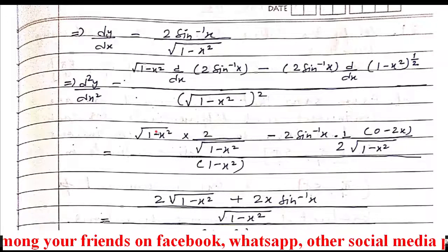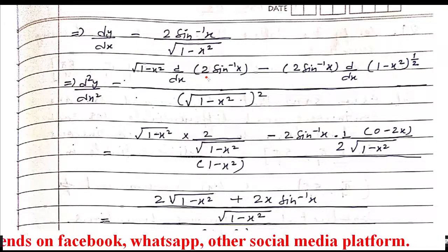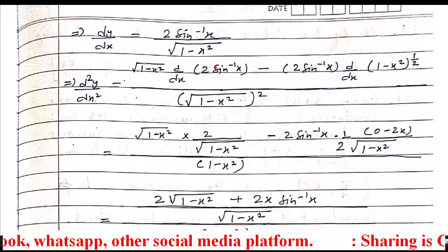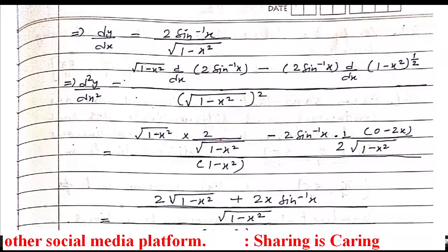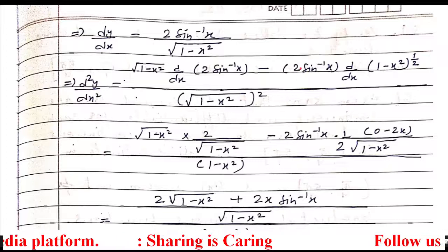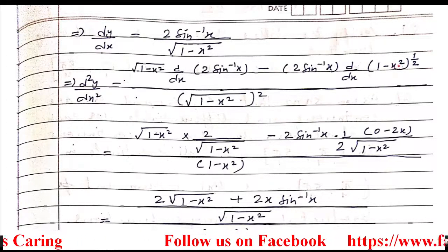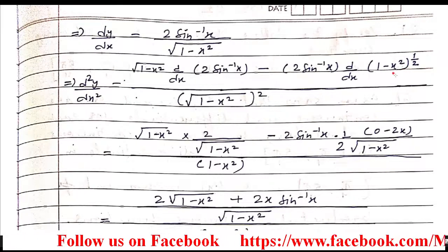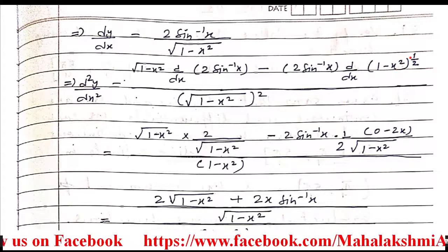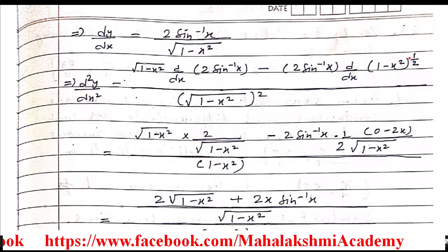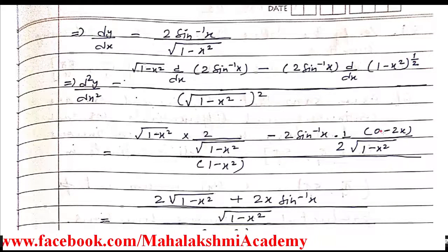First this term as it is, then the differentiation of this: this 2 will behave as the coefficient, and the differentiation of sine inverse x is 1 upon root 1 minus x square. Now this minus symbol as it is, and this term also as it is. When we differentiate it, just use the x to the power n formula, that is n x to the power n minus 1. So what is n here? Half, that's why half.